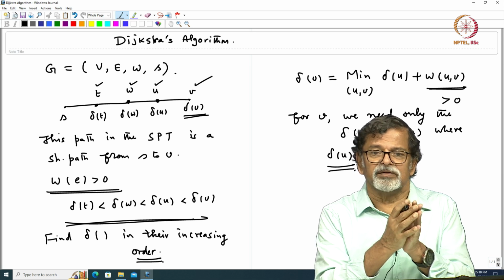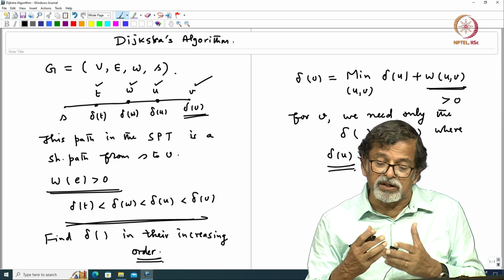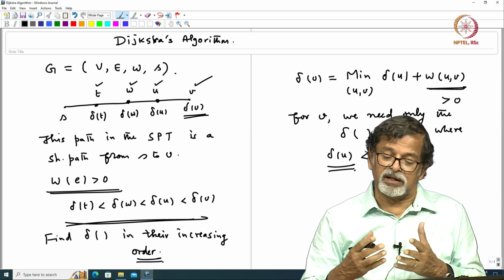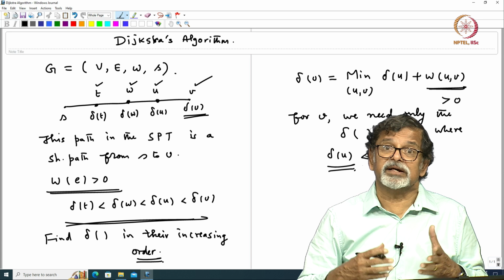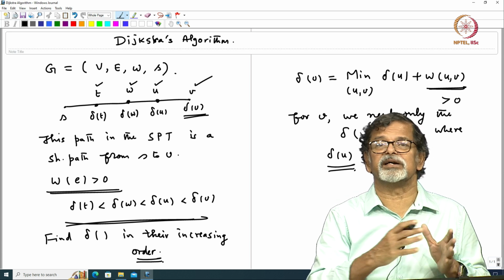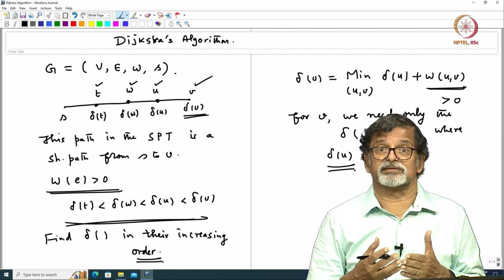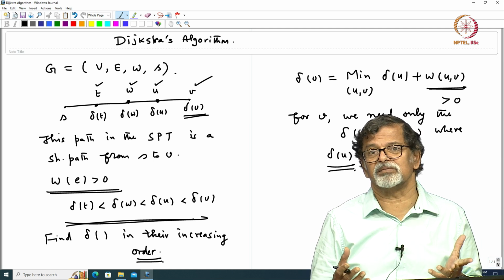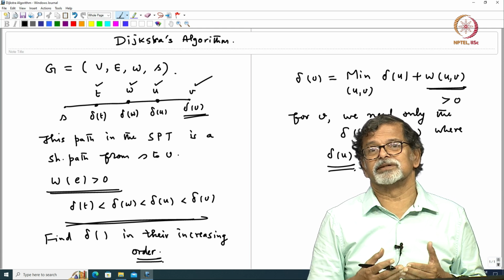So, if I am trying to find the delta for v, I must have the delta value of all vertices with smaller delta values. But then how can I determine this order? It is not possible for me to determine this order, because it is the delta value that I have to compute.